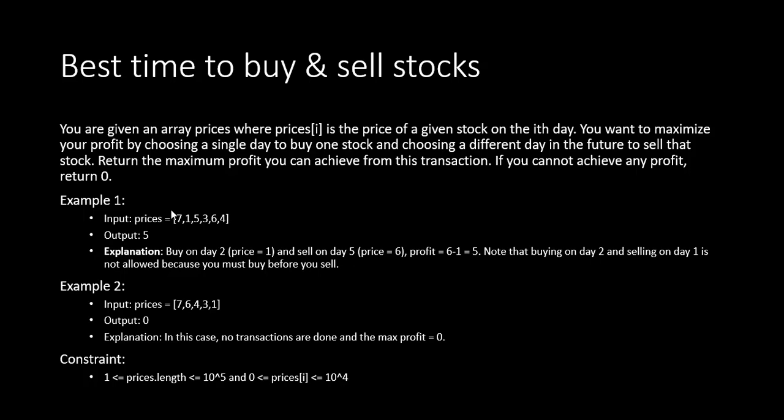Let's say you didn't do anything on day 1, so you went to day 2, and you saw the price drop suddenly, and you thought let's buy it. So you bought on the second day at 1. Then you will see how the price is growing, and you want to maximize the profit, so you wait for the right day. You bought on the second day with price 1, and you're selling on the third day.